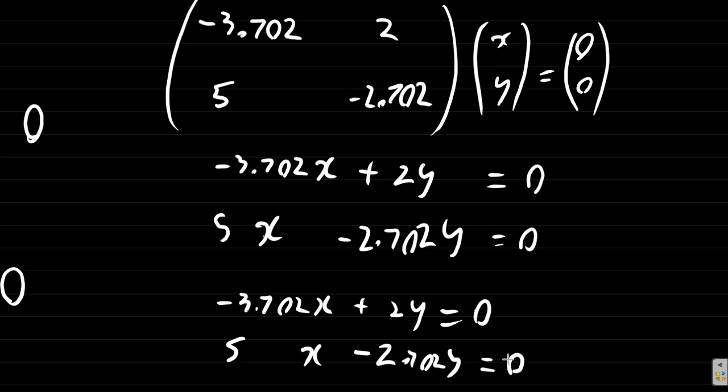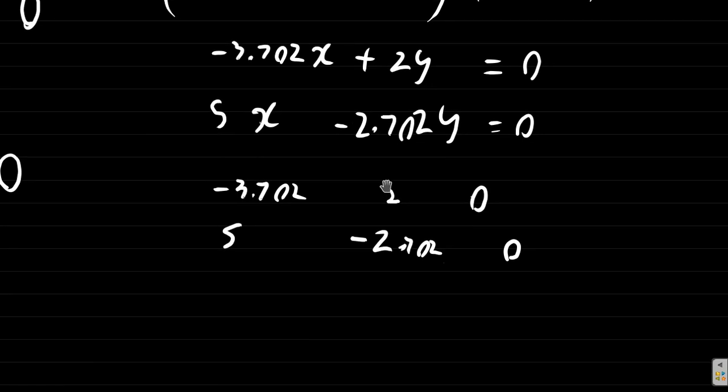2.702y equals 0. But the thing is, you know that the left column contains x already and the right column contains y, so you don't have to write them. So all of this is plus, and you leave this minus sign, equals 0.